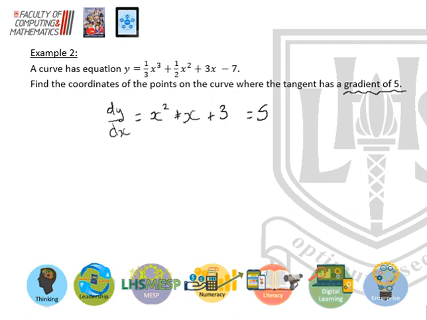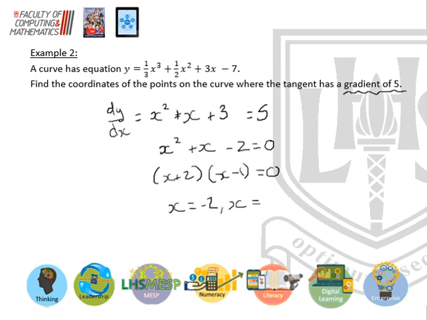So I want to solve that equation. x squared plus x plus 3 is equal to 5. And because there's more than one power of x there, it needs to be equal to 0 and it needs to be factorized. So it's going to be x squared plus x minus 2 is equal to 0, which factorizes to (x plus 2)(x minus 1), which means your solutions to this are x equals negative 2 and x equals 1.